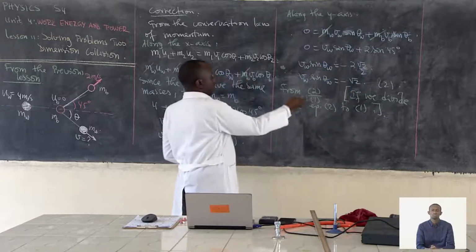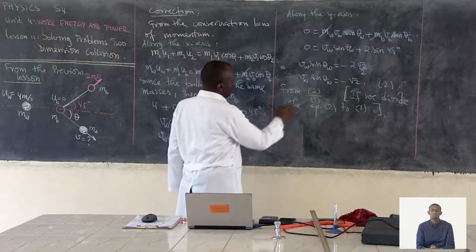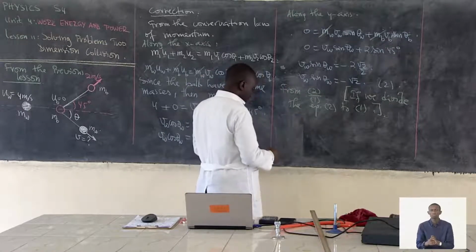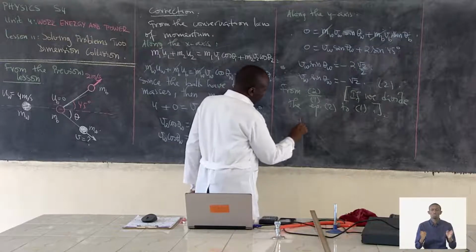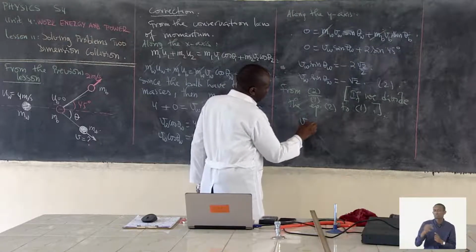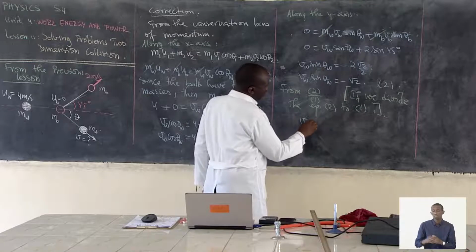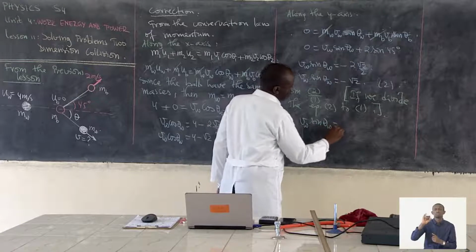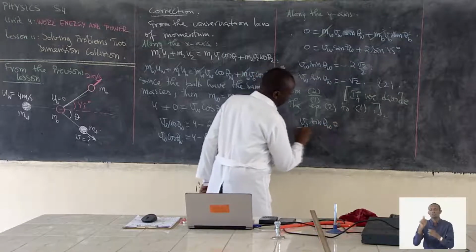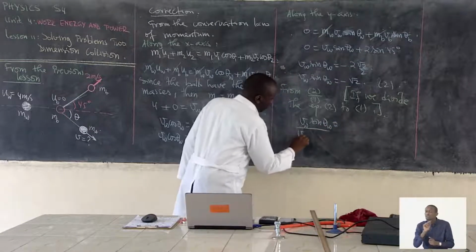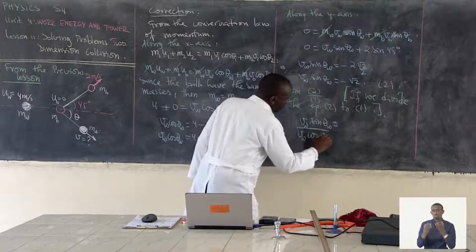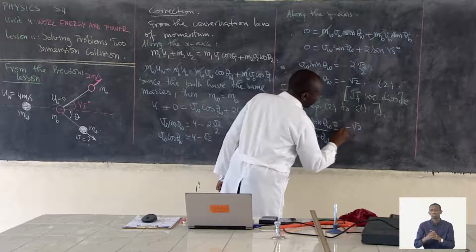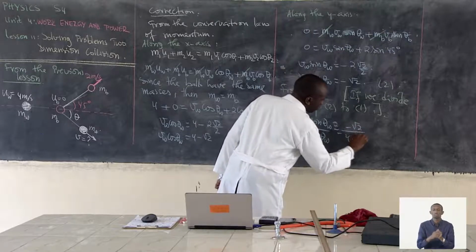On both sides we have V, so V of the white sine theta of the white over V of the white cosine theta white equals minus square root 2 over 4 minus square root 2.